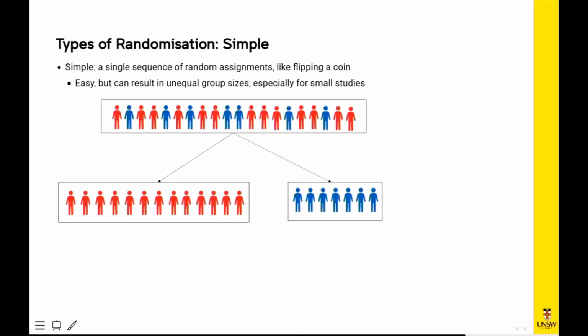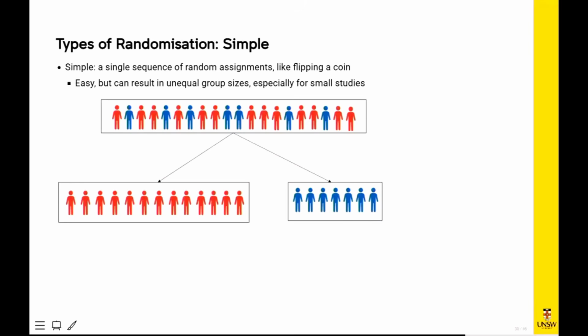Now for random allocation, there are lots of different schemes to do that. The simplest one is a coin flip. So if you've got two interventions that you're comparing, you might know that you're going to have 20 people. You can flip a coin 20 times, and the first person comes in, you're a red person. The second person that comes in, you're a blue person. And it's really simple.